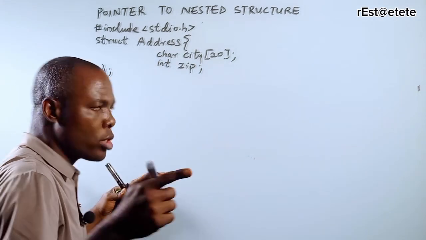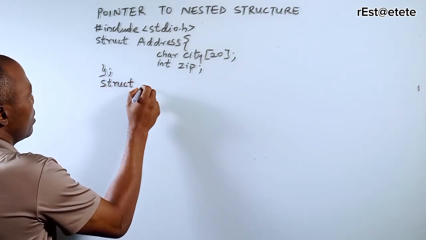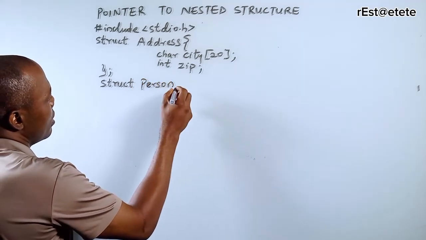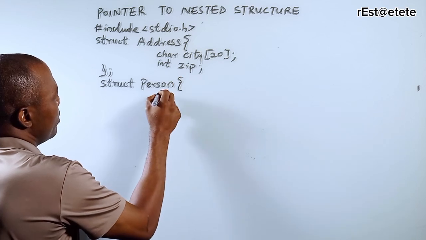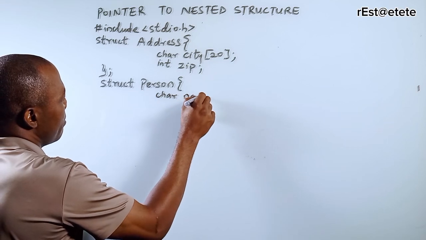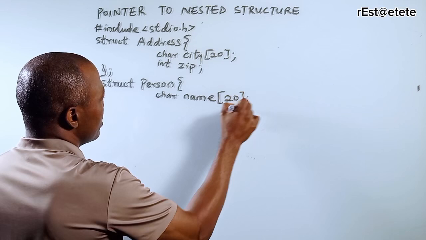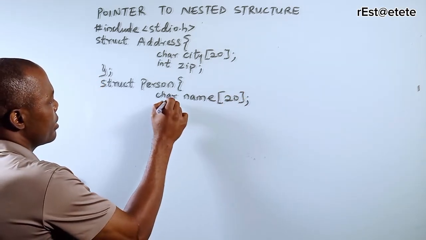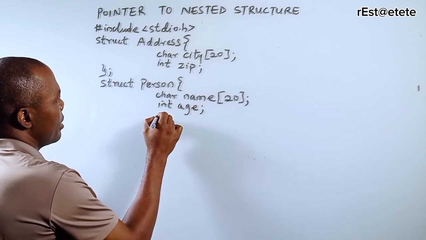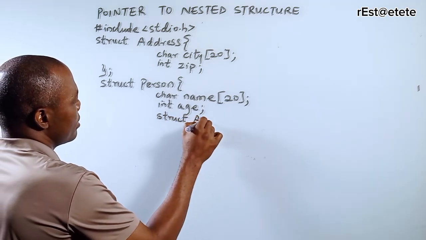Then I will create the person structure. So I'll say struct person, and then inside it, I will say char name, and we also give 20 bytes to it, and then int age, and then struct address.